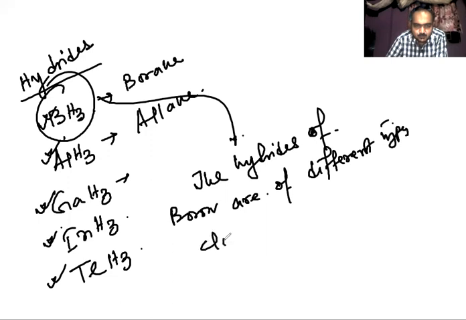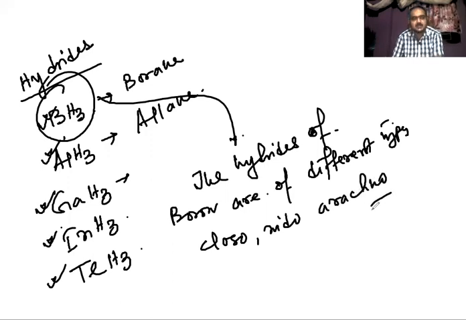Generally closo, nido, and arachno types of hydrides are formed by borane. Actually, they can be in the polymeric form also. We are not discussing the closo, nido and arachno forms here; whenever we study diborane, then we will see about the closo, nido and arachno forms.